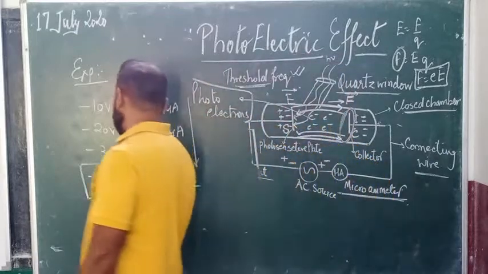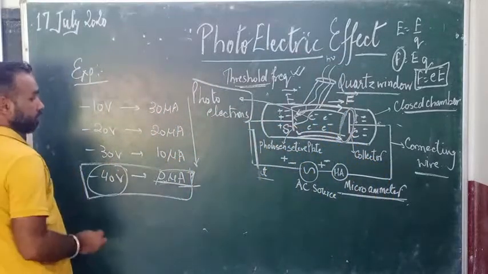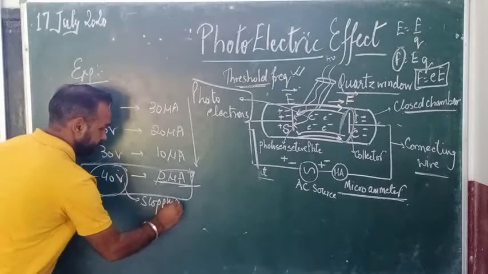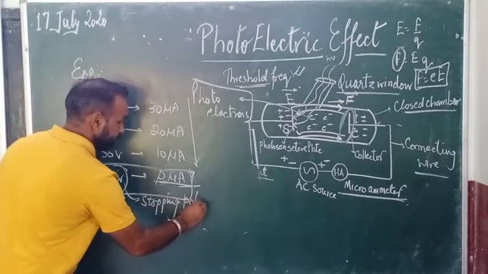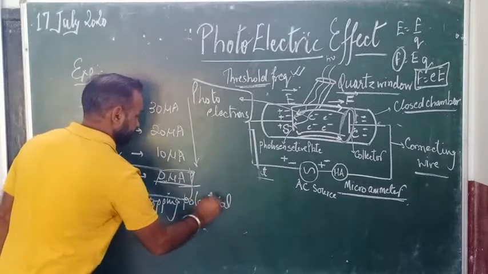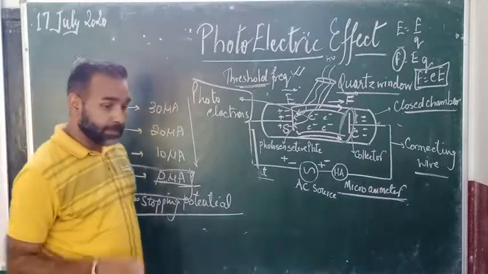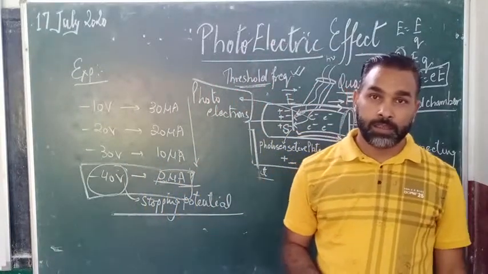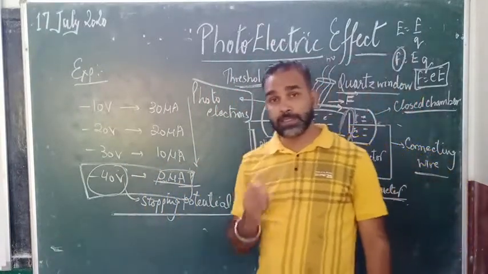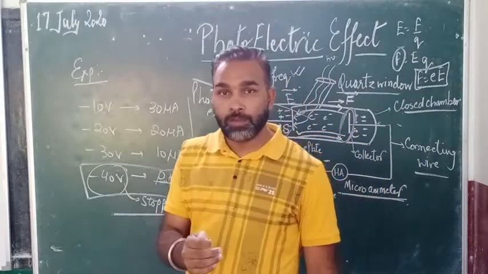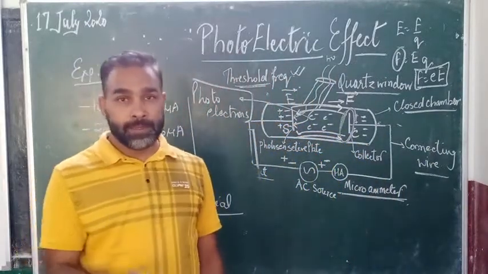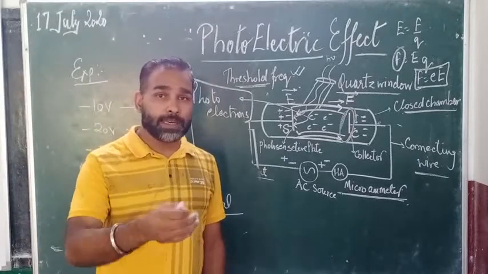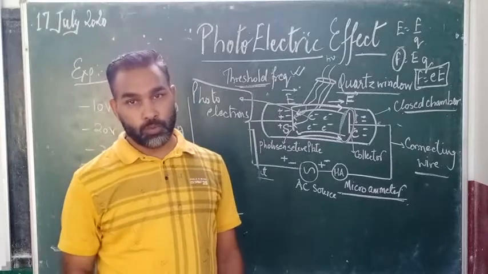So that particular potential was termed as stopping potential. This is a very important term. Stopping potential is the negative potential applied to a plate at which the photoelectric current becomes 0.